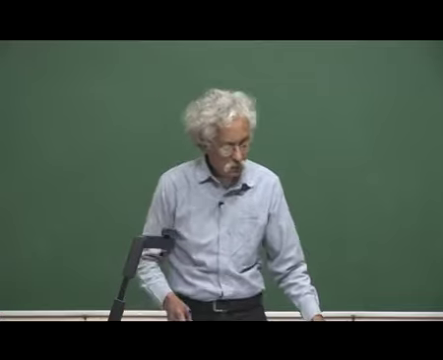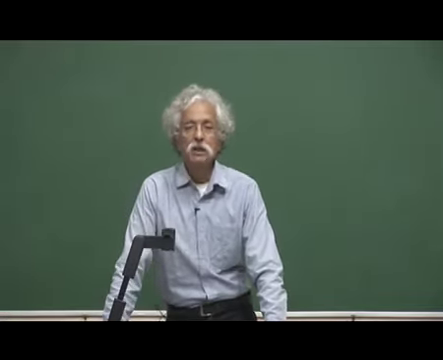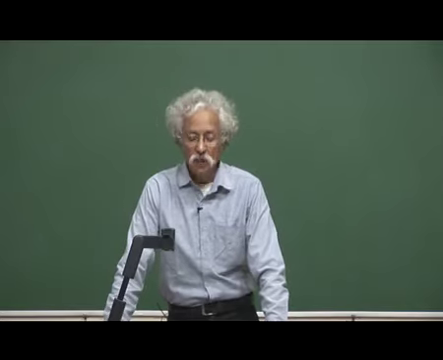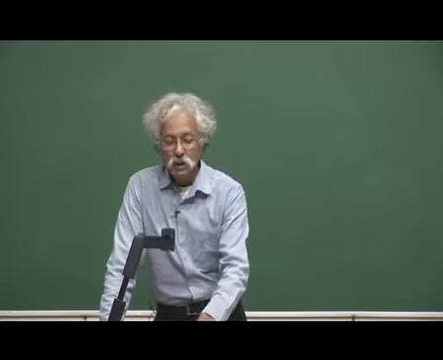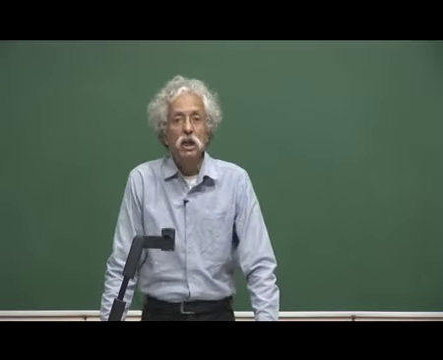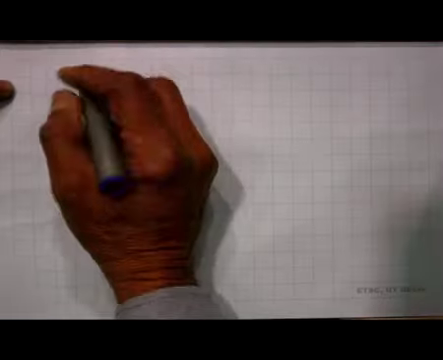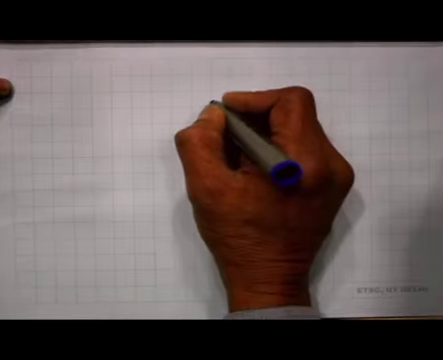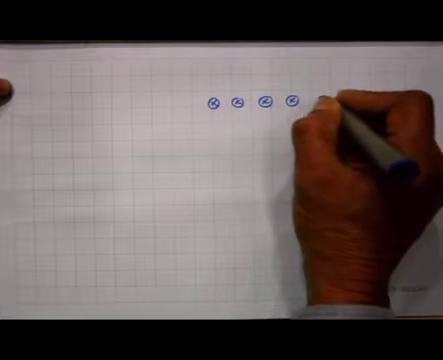Now, these are examples in which the EMF is generated simply by changing the flux of the magnetic field. Another kind of EMF which is understood in terms of Lorentz force is called motional EMF. Let me take an example of a motional EMF. So, let me take a uniform magnetic field pointing downwards.